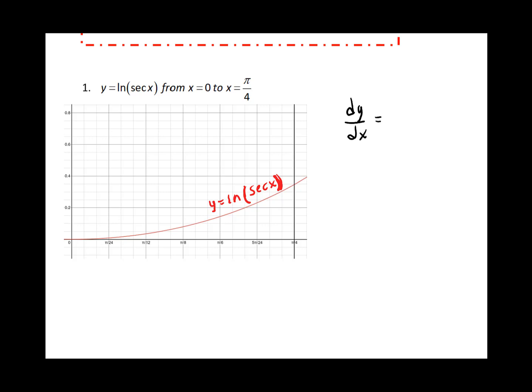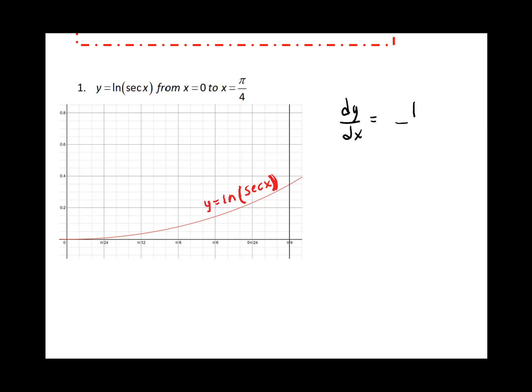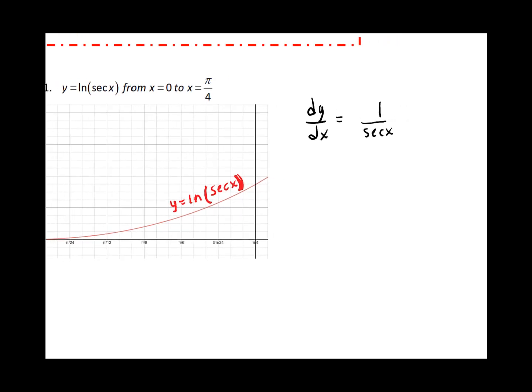The derivative of the natural log of the secant of x is 1 over the secant of x, times the derivative of the secant of x, which is secant of x times the tangent of x, and then conveniently the secants cancel, and dy dx is just the tangent of x.